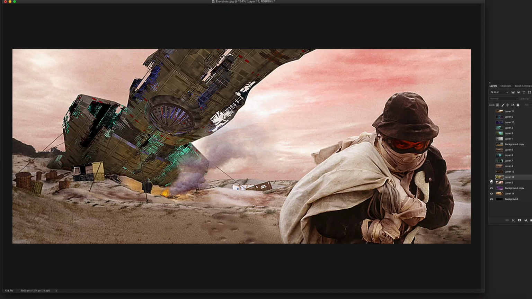Let's see, what else? So now this one isn't necessarily influenced by a film. This is influenced by the Terran Trade Authority series of science fiction picture books that were put out in the early to mid 80s, I think.